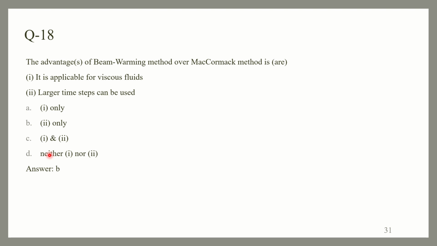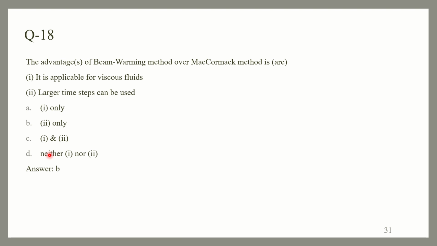But one must be conscious when using larger time steps, because the intermediate values would not give accurate solutions. Therefore, if our goal is to get a solution for steady state, it can be done with larger time steps. But if intermediate time step values are required, then we must be cautious of using a larger time step.